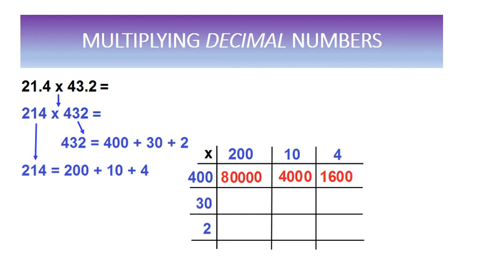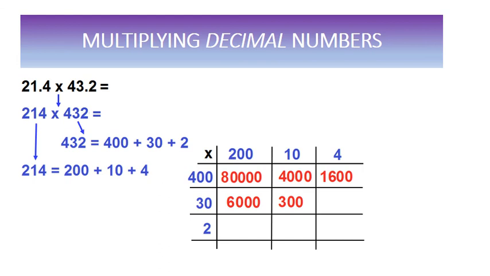Then I'm going to do 200 times 30, 2 times 3 is 6, times 10 for the 30, times 100 for the 200. Then I'm going to do 10 times 30, so 1 times 3 is 3, times 10 for the 30, and then times by another 10, because 10 is 10 times bigger than 1.